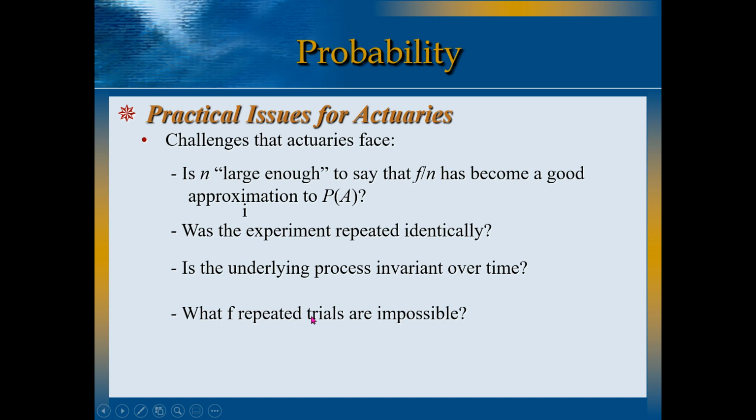And sometimes repeated trials are impossible. When we talk about a textbook example, for example flipping a coin, it's very easy to flip it 50 times. But in general, when we actually apply probability in practical life, for example, if I want to compute the probability that I clear a GRE exam, is it possible for me to repeatedly take the GRE exam and then compute the probability of passing? And is it logical enough that the process is invariant, that is, the GRE exam difficulty level remains the same?